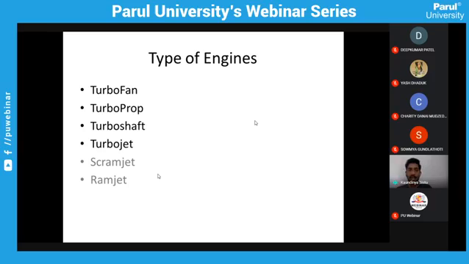So does anyone have an idea, depending on what factors do we select an engine for a particular type of aircraft? Guys, you can speak. Soumya said some fourth years are in the loop.